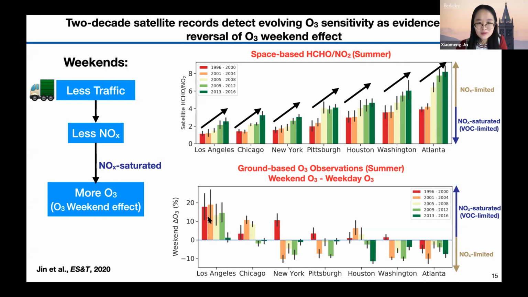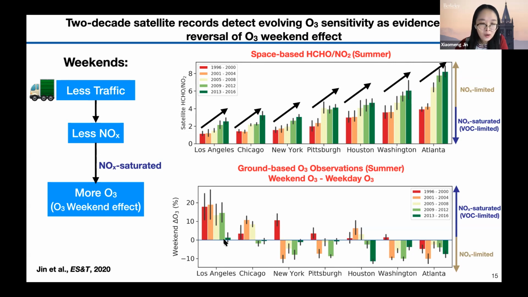So this figure here shows the difference in the summertime mean ozone on weekends minus weekdays. And this figure shows the corresponding formaldehyde to NO2 ratios in seven different cities and in 5 different periods. And you can see that as these cities are making the transition to the NOx limited regimes, we found that there is a reversal of the ozone weekend effect in many cities like Chicago, New York, Pittsburgh.